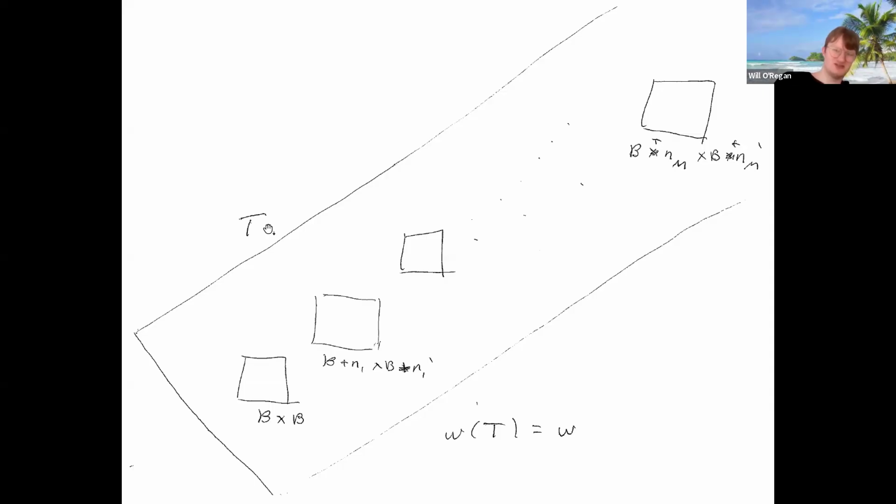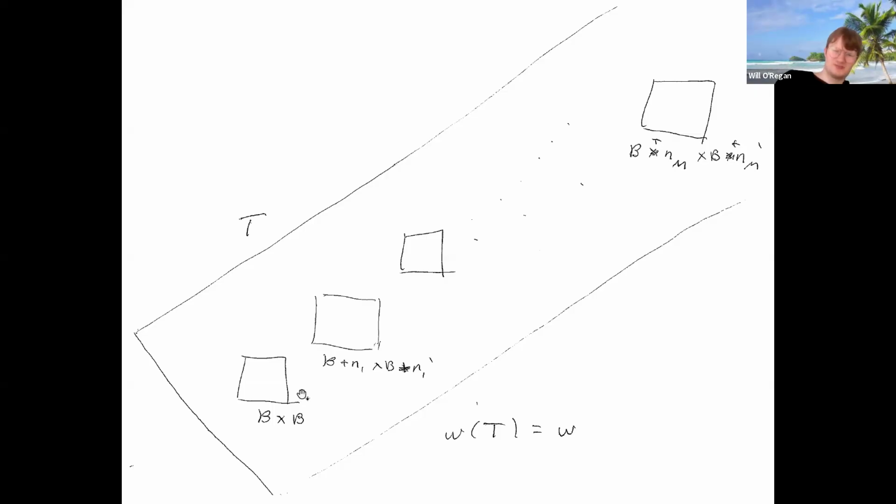You could choose a tube of width 10, or even larger if you like, but as long as it's something not too ridiculous. And then we have this nice non-injectivity property about B cross B.